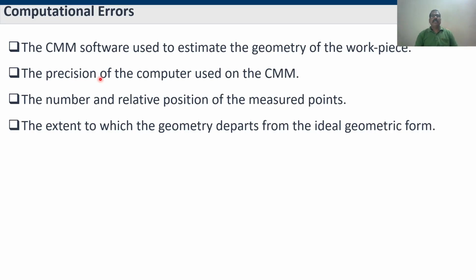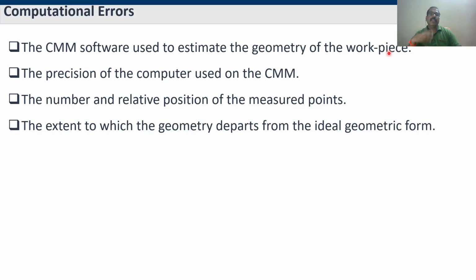Then computational error: the CMM software used to estimate the geometry of the piece. What kind of software are we using? Whether it is highly capable of finding out the error and auto fixing, or the precision of the computer which we are using. Even though the software is good, it is not running on a good computer. That's why they always recommend some specifications for installing the software, a minimum requirement.